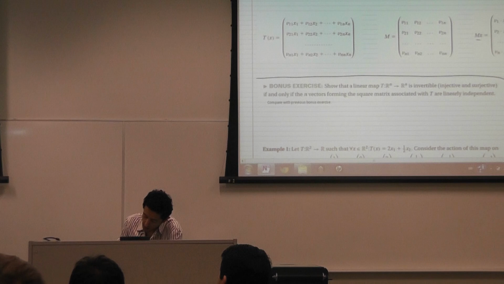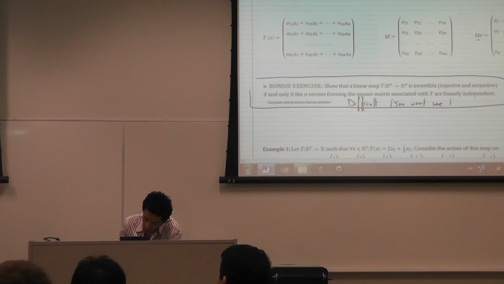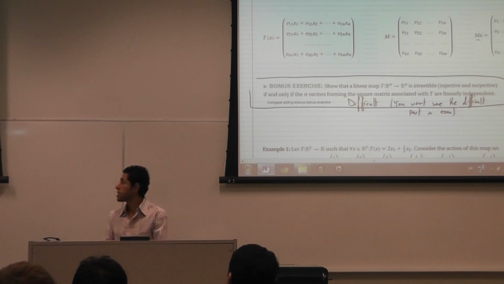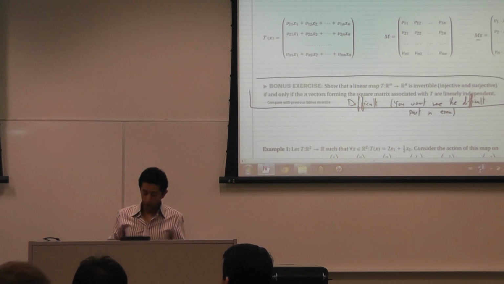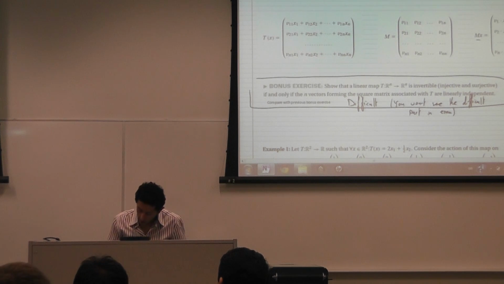Another bonus exercise, now this one is a little bit difficult, so maybe you can think about it, but you won't see this in the exam. But you still have to think about it because I'm going to give an easy part of it. But what this says is, for the matrix to be invertible, if it's an n by n matrix, all you have to know is, are these vectors linearly independent or not?